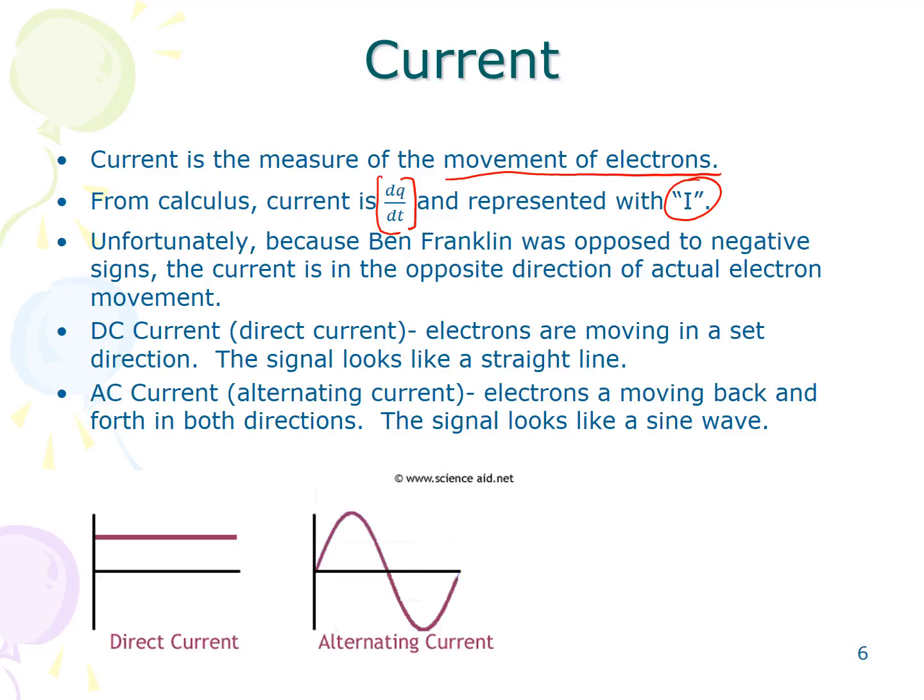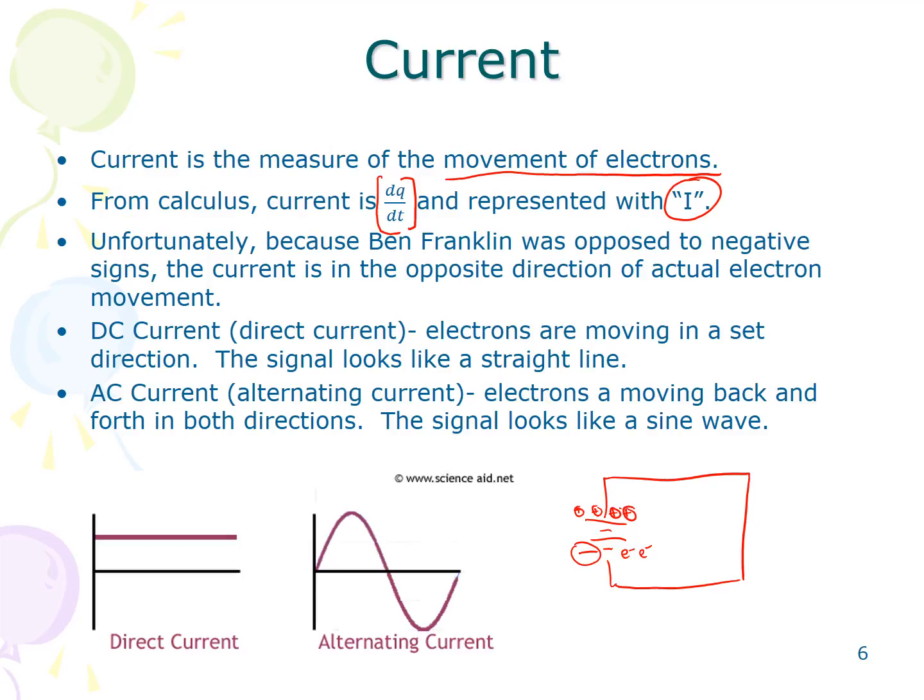Alright? So if I draw a little simple circuit right here, say this is the negative side, this is where a bunch of electrons are. So on this negative side, we have a bunch of electrons. And let's say over here I have the lack of electrons, so it's going to have a positive charge on this side of the terminal.